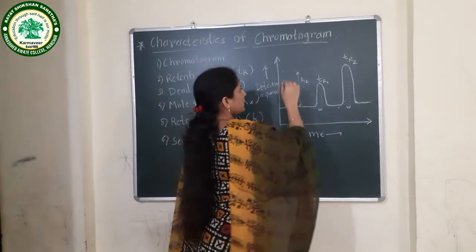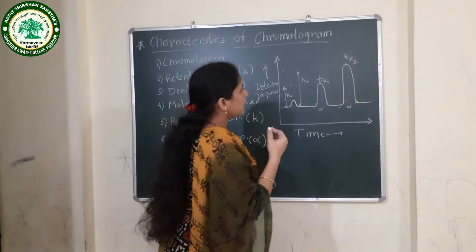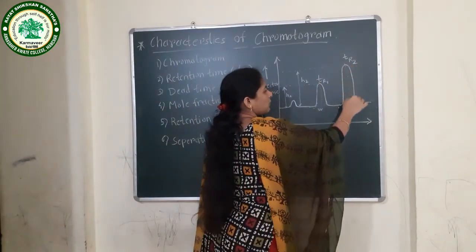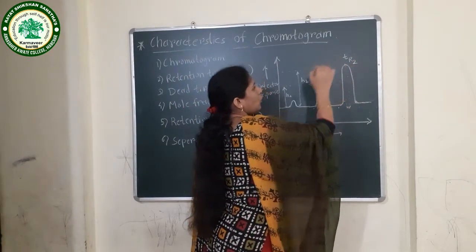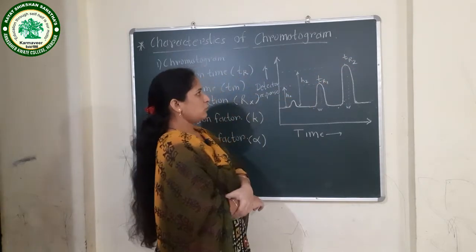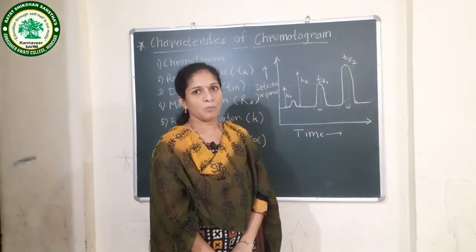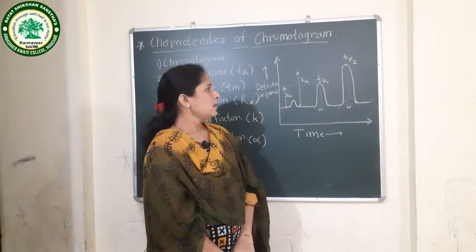The time between the sample injection and elution of the second component is TR2, the retention time of the second component. From this retention time we can identify which components are present in the mixture.